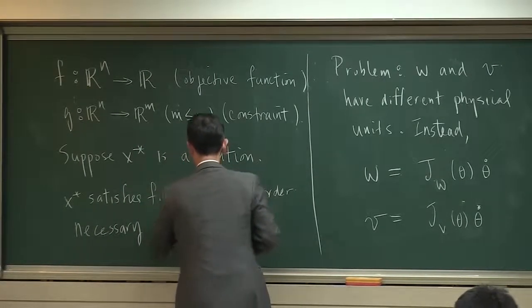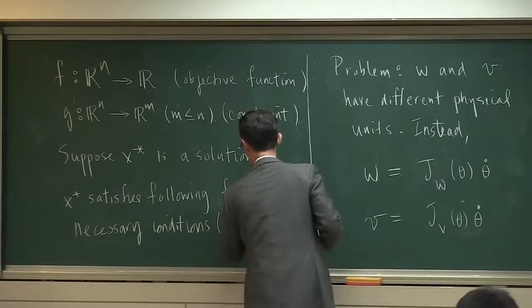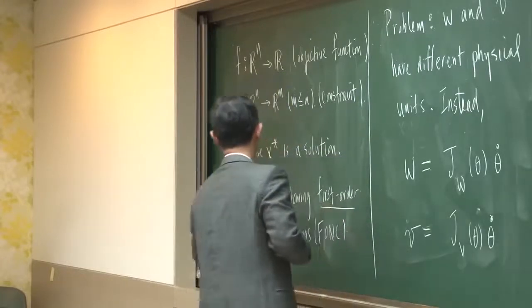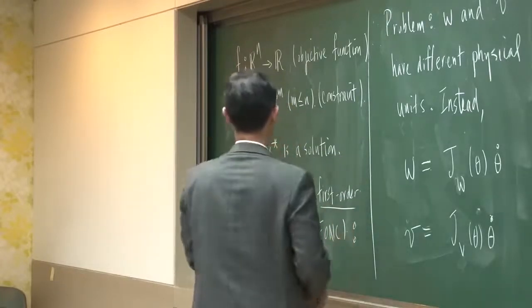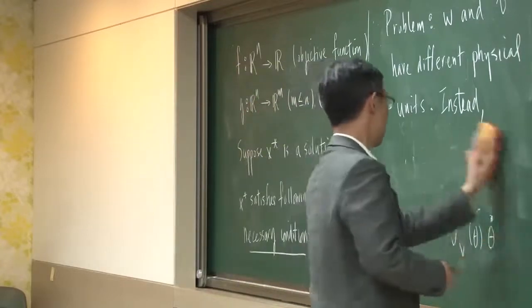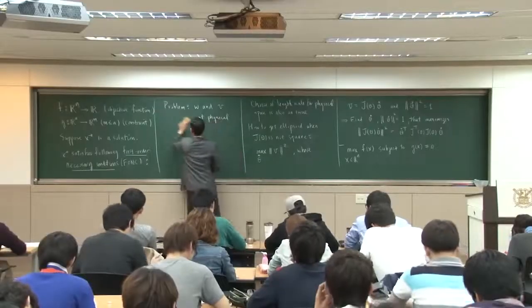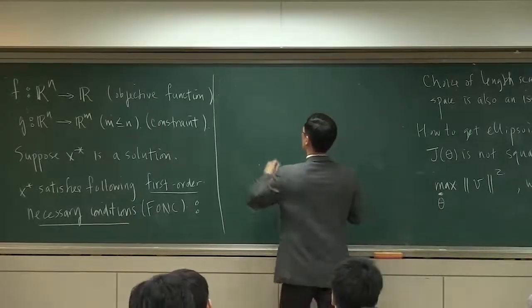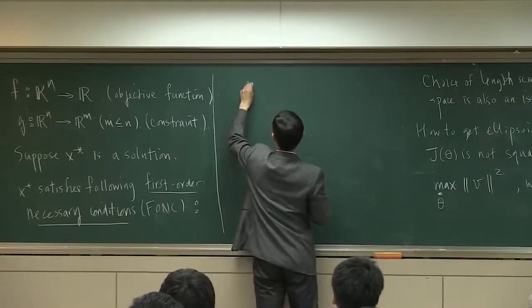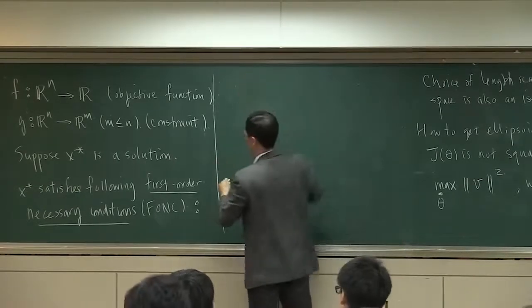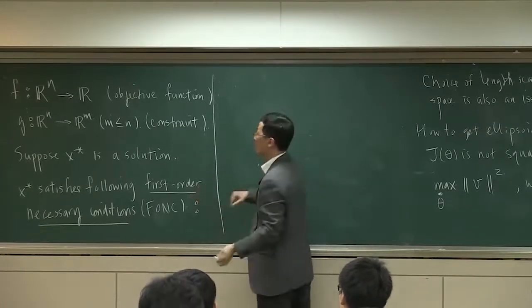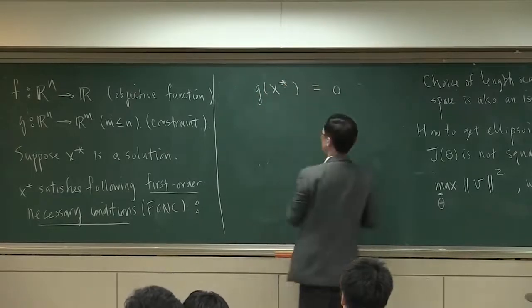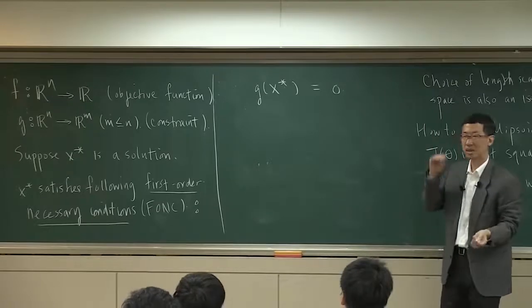This is a term used so often that people just use the abbreviation FONC. Let me show you what the conditions are. The first condition is, first of all, it has to satisfy the constraint, obviously. So g of x star clearly must equal 0, otherwise it's not a solution.